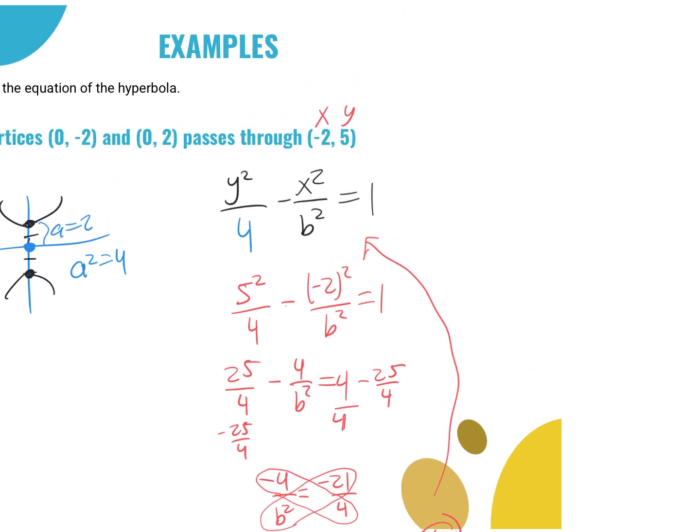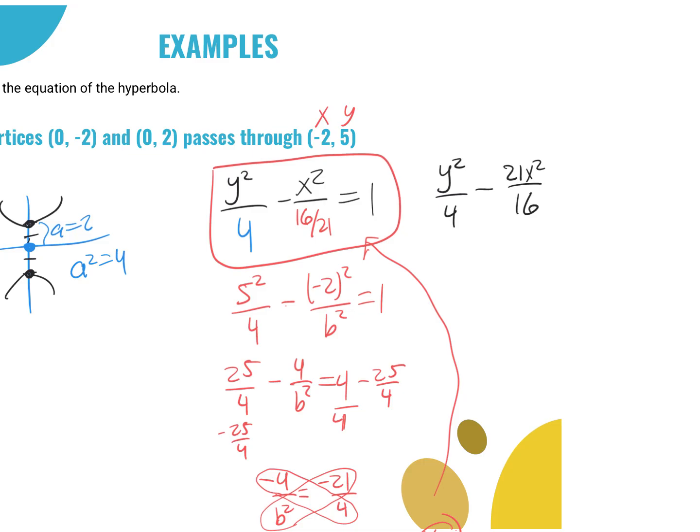So I'm going to replace that b squared with, it's not letting me erase, hold on. Okay, with 16 over 21. And then that's perfectly fine. Another thing that you can do is keep, change, flip it so that it looks a little bit prettier, and get y squared over 4 minus, right, keep the first, the x squared, change the division to multiplication, and flip 16 over 21, and that's going to get you 21 x squared over 16 equals 1.